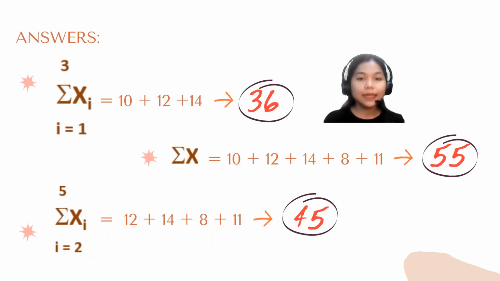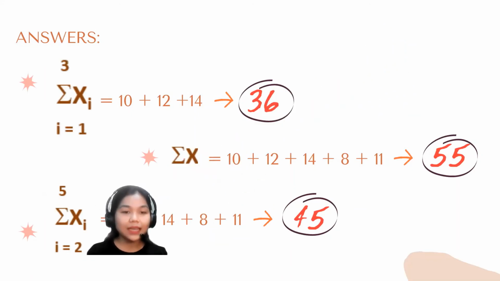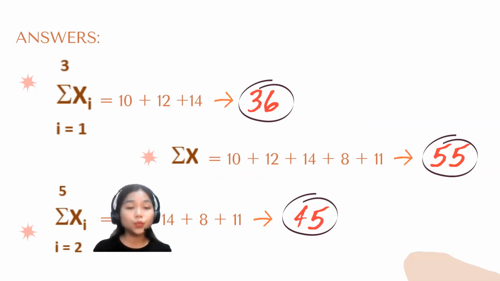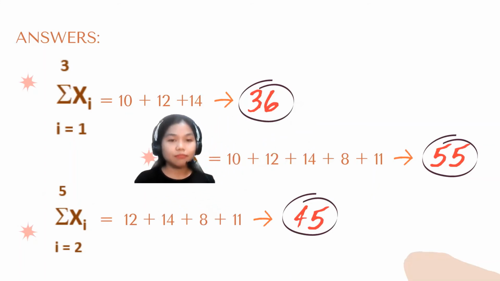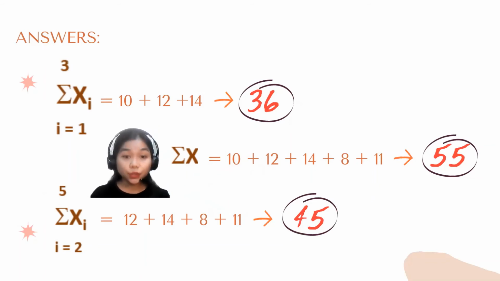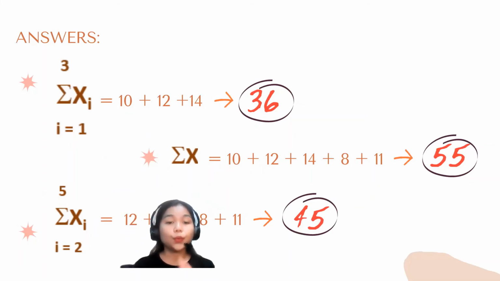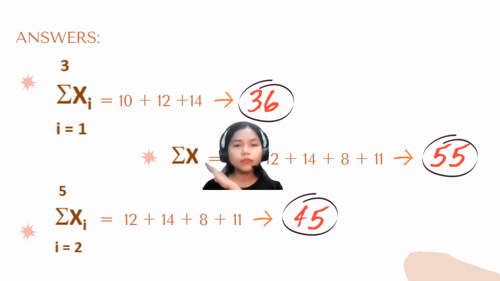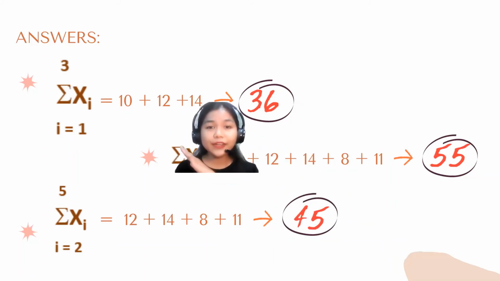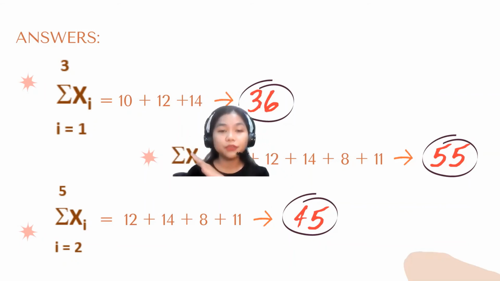So the summation of xi from i equals 1 to 3 is equal to 36. And then how about the summation of xi from i equals 2 to 5? We know that the starting value is x2, so to expand the notation, it's x2 plus x3 plus x4 plus x5. Replacing the weights of the children, it's 12 plus 14 plus 8 plus 11. The answer is 45. What if you were given an array of numbers and just told to get the summation of x?